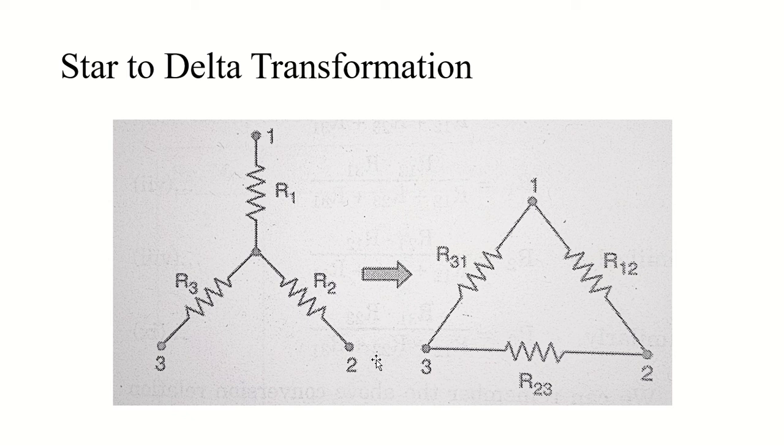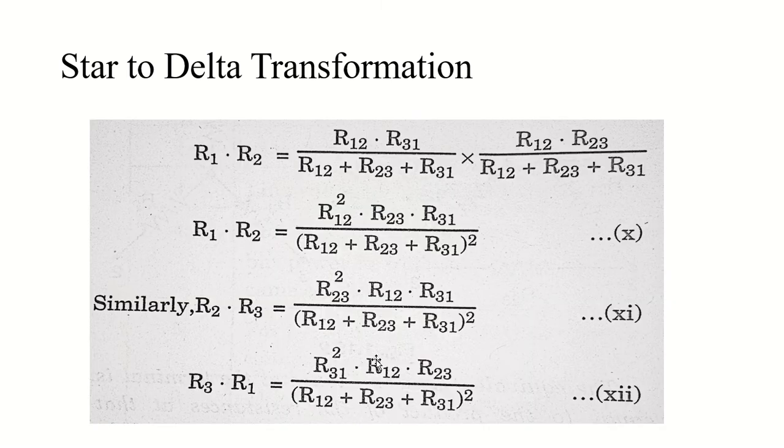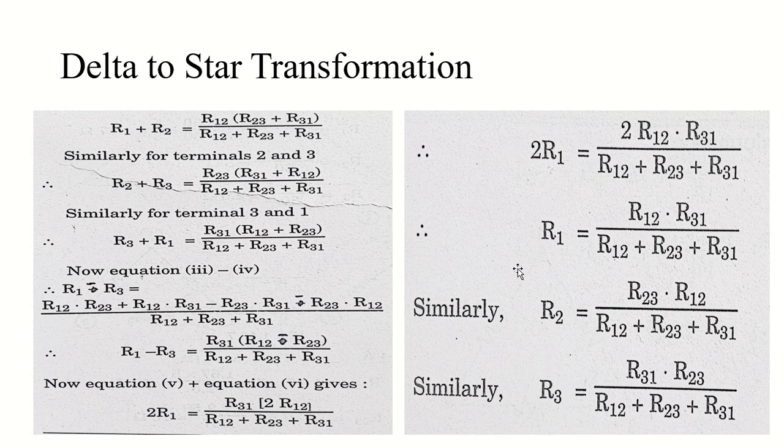Now in order to convert the star into delta, we have to go back and see what we have done in delta to star. This is what we have derived in the previous class. We have derived the value of R1, R2 and R3 for delta to star transformation.